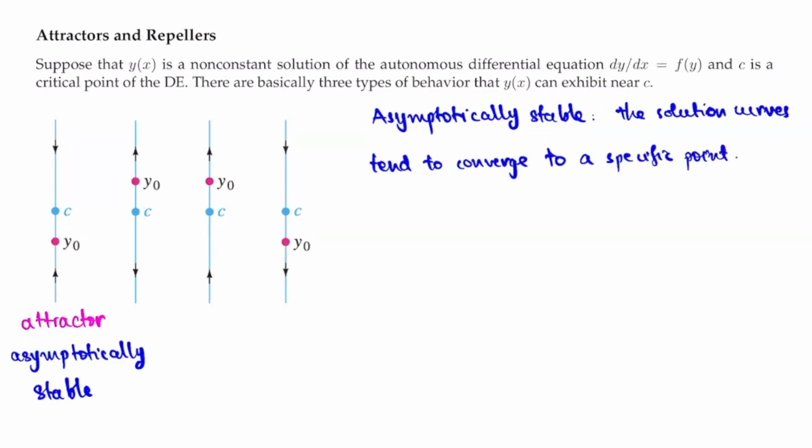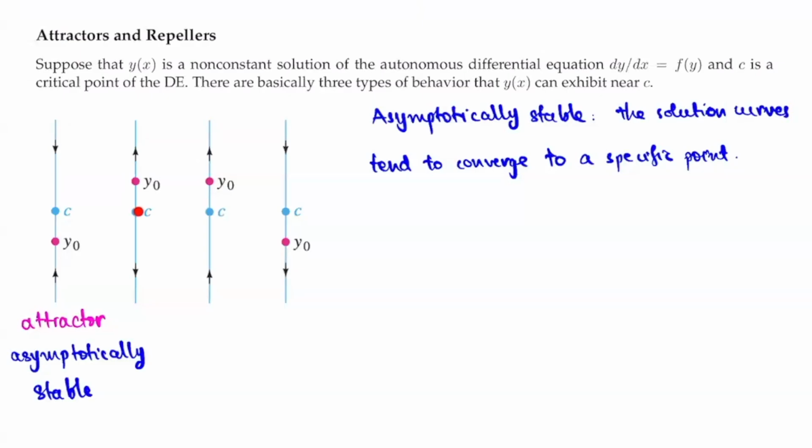So whatever you have here, the solutions will approach the critical point or the attractor, so you can classify that critical point as asymptotically stable. Asymptotically is in the sense that you want to look at the behavior of the solutions over a long time, as t goes to infinity.